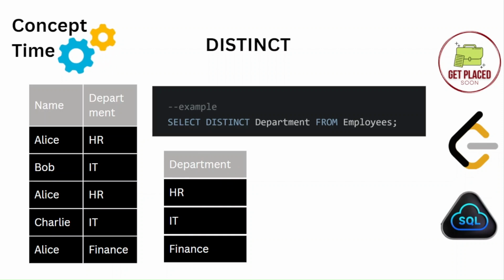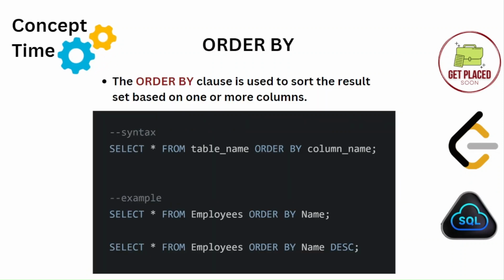Now moving ahead, we have the ORDER BY clause. The ORDER BY clause is used to sort the result based on one or more columns. So you can sort the result based on no matter how many columns you want. When you give a column name with the ORDER BY statement, the whole table is sorted based on that column.